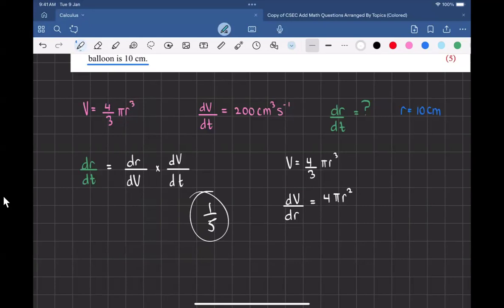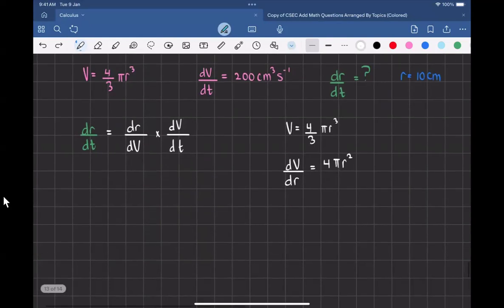You invert the fraction. Right. And if I flip this side, I also have to flip this side. So if I flip DVDR, that'll be DRDV. And if I flip 4 pi r squared, that'll be 1 over 4 pi r squared. Right.